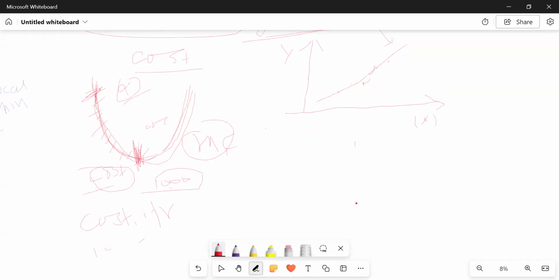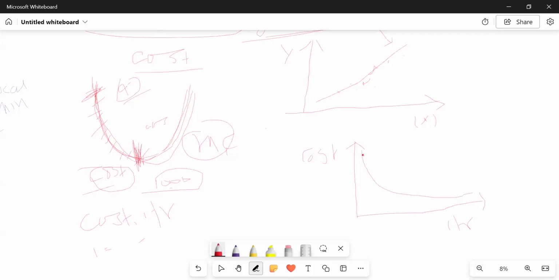So I can draw a graph plot to visualize how my cost function is behaving with respect to multiple iterations. So the y-axis is your cost function, the cost value, and x is the number of iterations. Okay, so generally the graph looks like this.